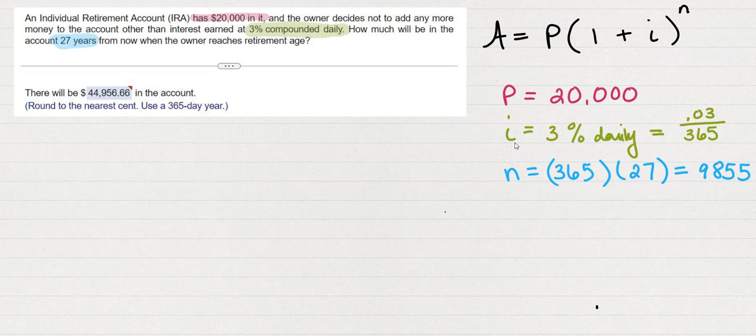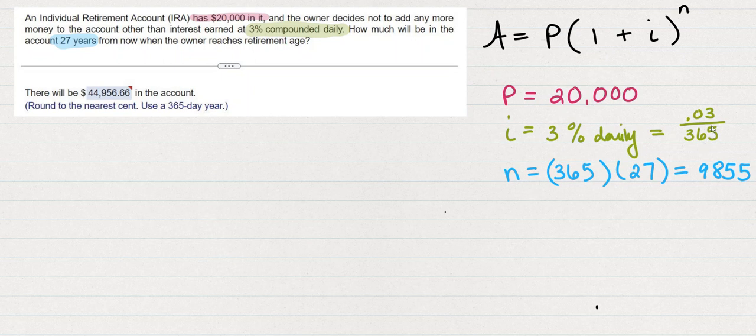The interest, this was a little bit tricky. It says that the interest earned is 3% compounded daily. Now, if it's 3% daily, what we can do is take that 3% and divide it by 365 days to know how much interest we actually accrue each day.